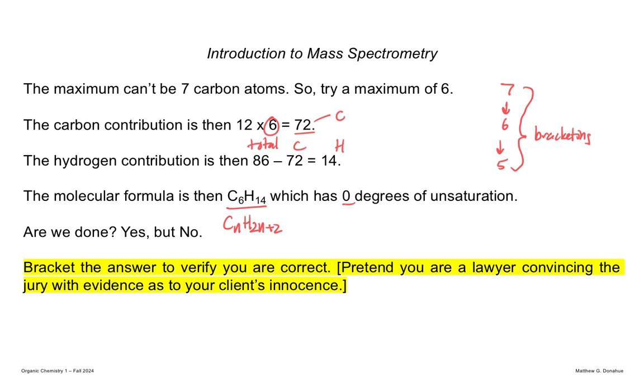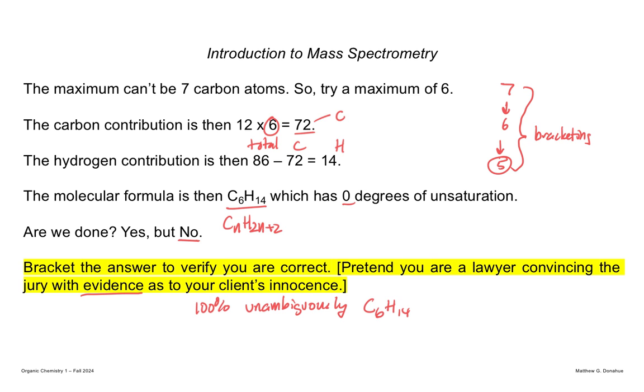And then we said, are we done? Yes, but no, because we still wanted to do that n equals 5, just to really paint the picture of us being correct and using all the evidence we can to unambiguously say that it is C6H14.